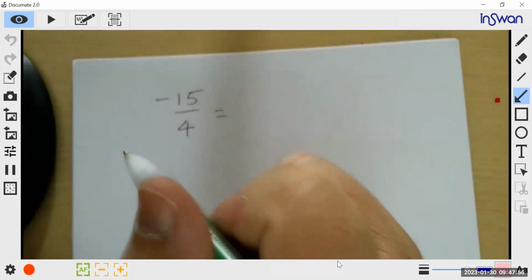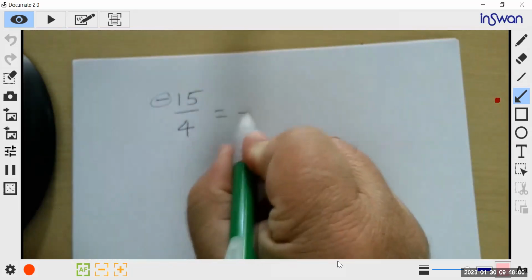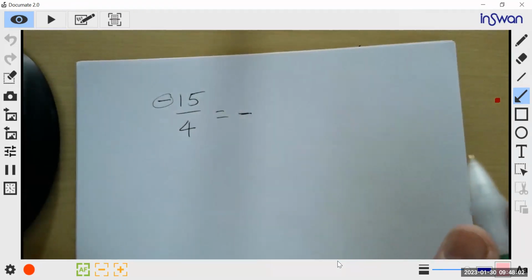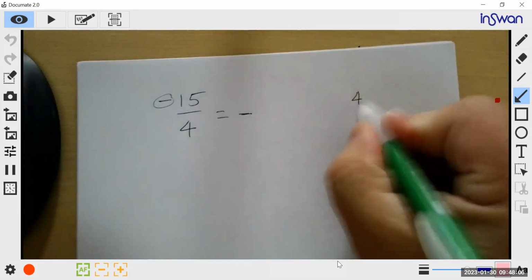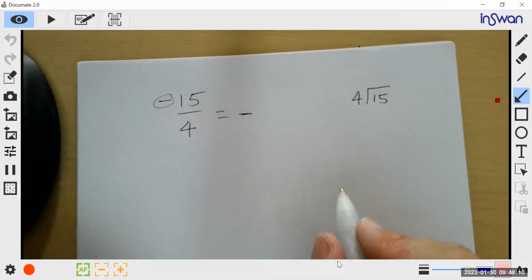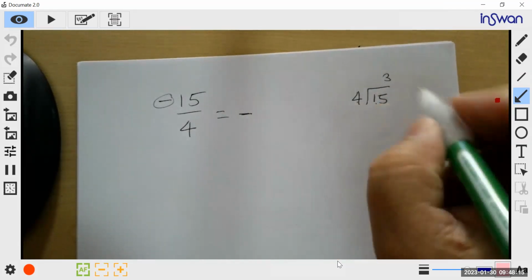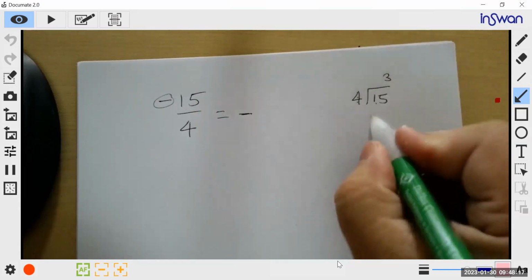When you have a negative value, this negative simply goes out in front. Don't worry about it. It just says the entire thing is negative. We just do what we normally did. 4 goes into 15 3 times. 4 times 3 is 12.